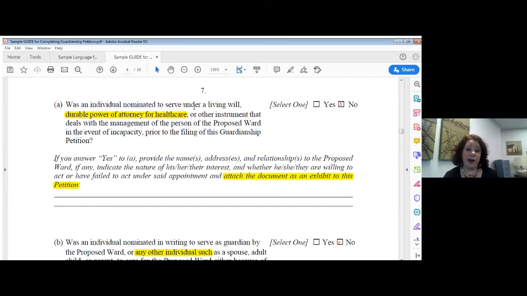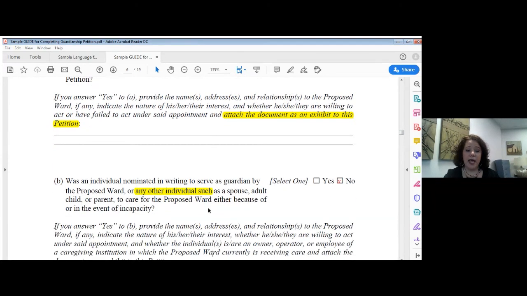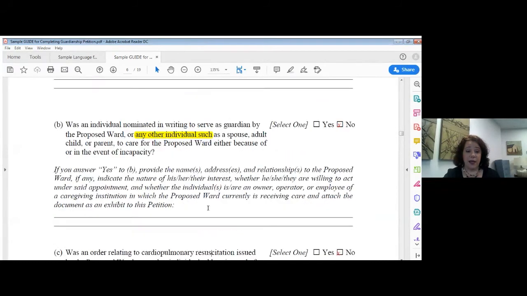But if I ever need a guardian appointed, here's who I want it to be. And so the court has to honor that. So if there were any powers of attorney in place, then the court would have to be made aware of that. And so again, as you would see down there, the next highlighted section says attach the document as an exhibit if there is one. I'm thinking in your case, there's probably not going to be one. So same thing goes here.